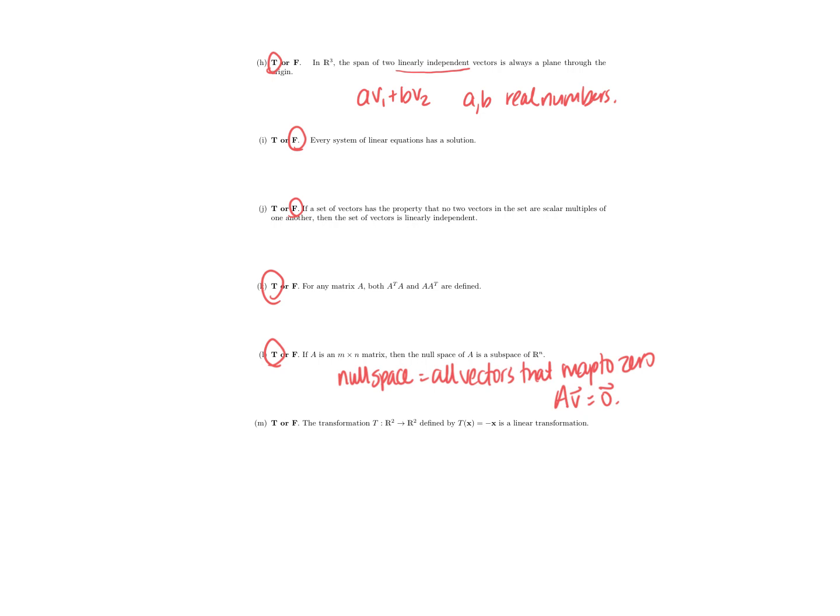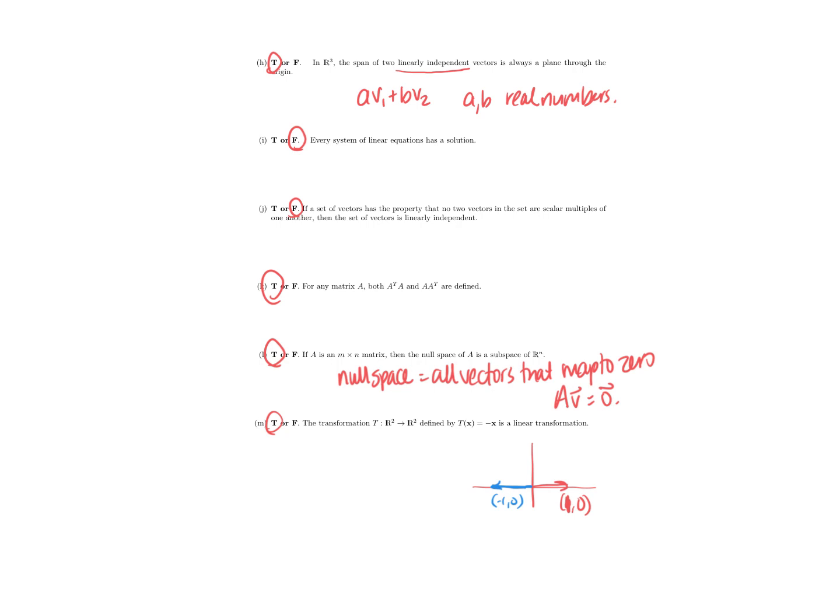The transformation defined by T of x equals negative x is a linear transformation. That is true. So what does this transformation do? It takes (1, 0) to (-1, 0), so it multiplies it by negative 1.